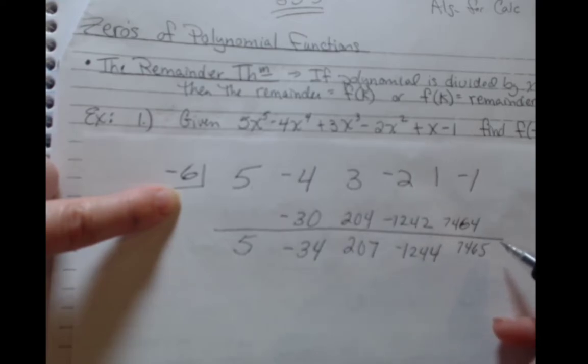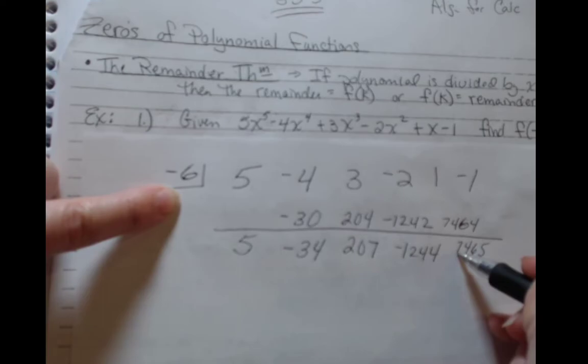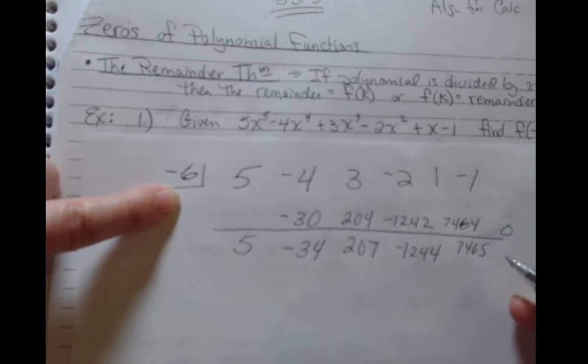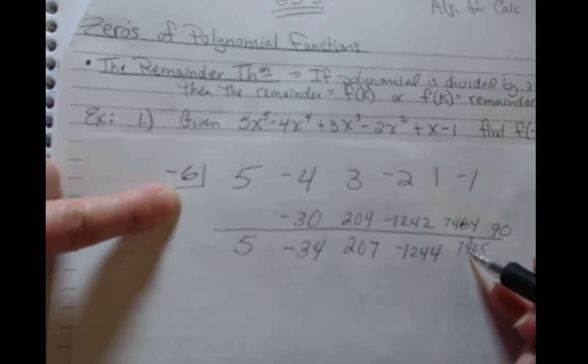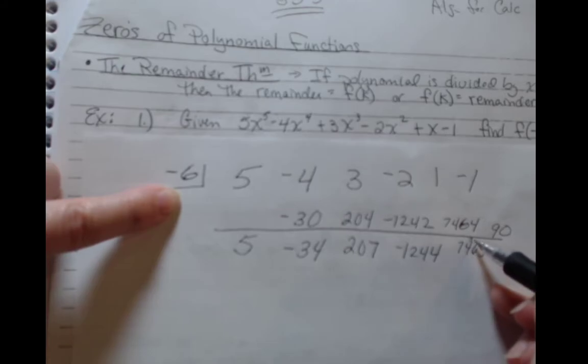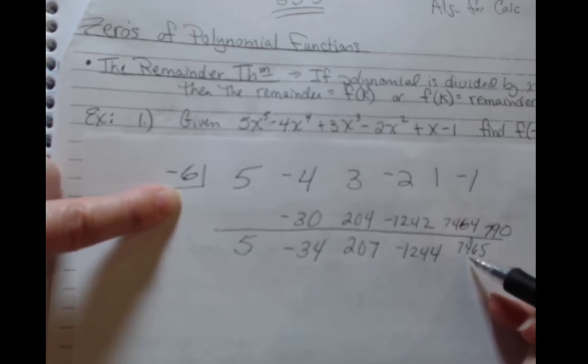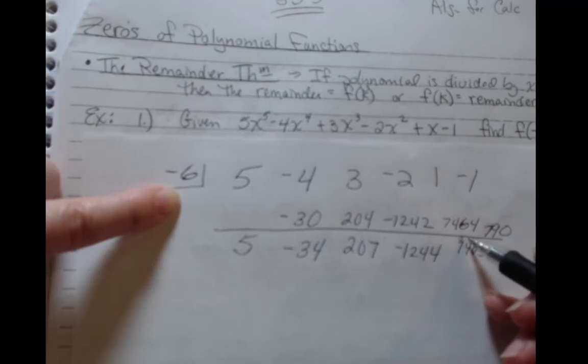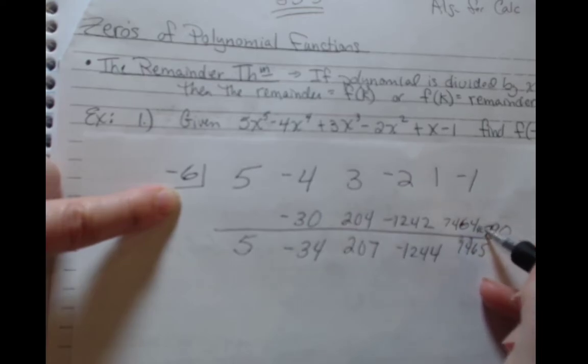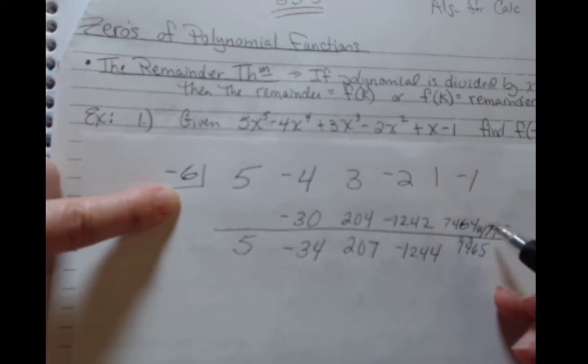Multiply that by 6. It's kind of crowded in here.